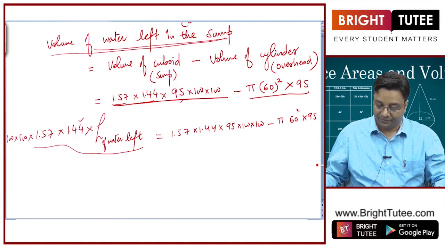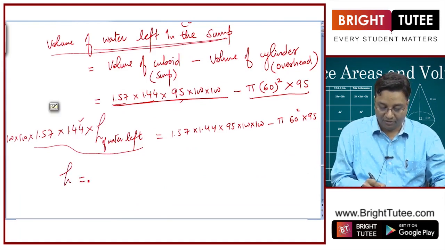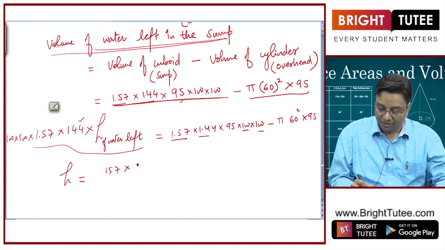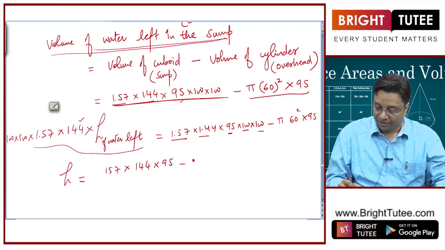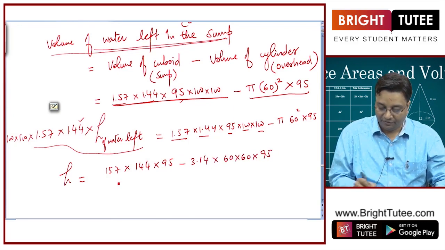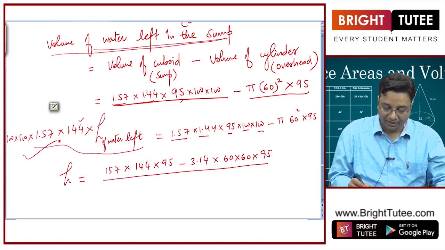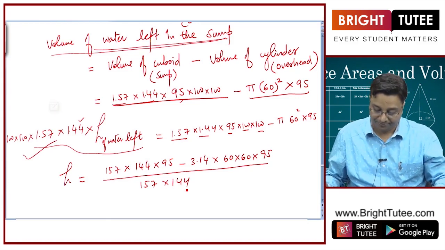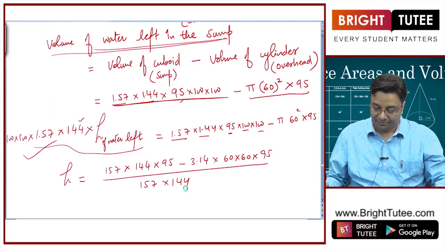So, height of water left, or I will denote it by H, is equal to this into this will become 157, this into this will become 144 into 95 minus pi can be written as 3.14 into 60 into 95, and this has to be divided by this, which is again 157 into 144.